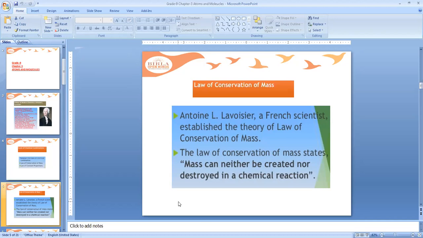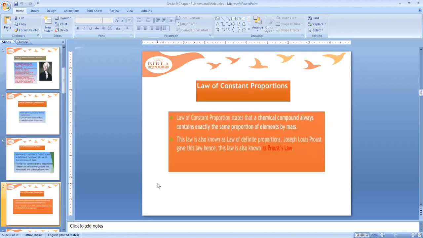Depending on the pure substance, matter is divided into elements and compounds. Elements are pure substances. If you just complete writing this, I want you to write down the law of constant proportion also.